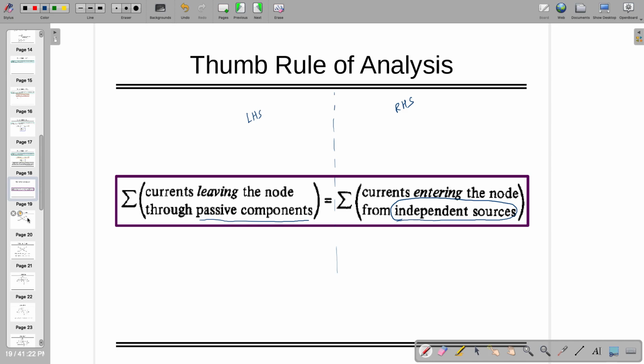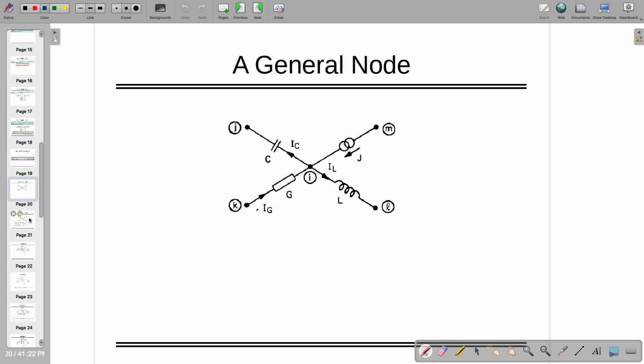Now let's look at the real network. There is a general node where there is an independent current source. Others are very simple, and there is a box we are going to call transconductance.